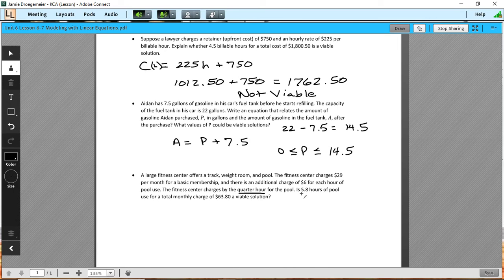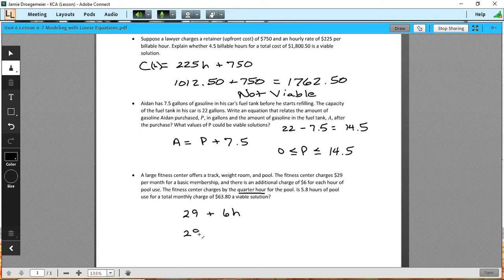It asks, is 5.8 hours of pool use for a total monthly charge of $63.80 a viable solution? Well, if we think about how this would be charged, we have the flat fee of $29 and then $6 for every hour of pool use.